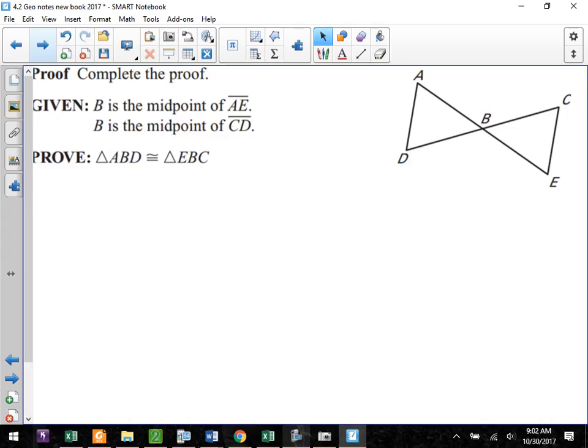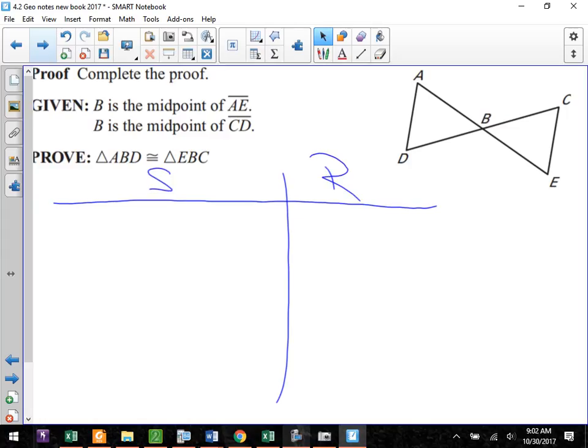So as we go through, we go to our first given statement. Statement, reasons. B is the midpoint of AE. In my diagram, I don't go right to the next given statement yet.